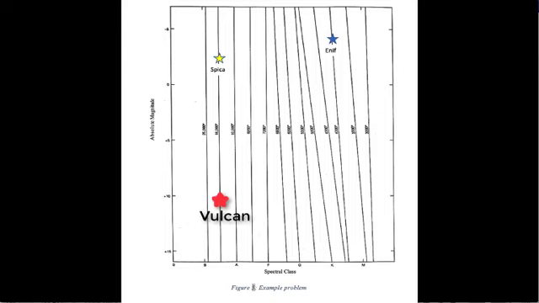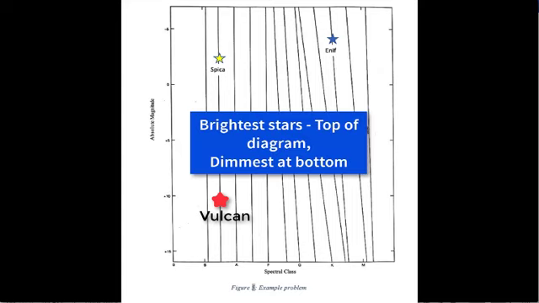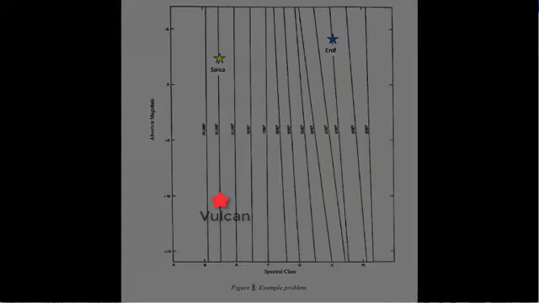We can put Vulcan near the bottom of the diagram, directly below Spica, and compare. If we read the magnitude off of the axis, we see that Spica and Vulcan are very different in brightness. Therefore, we can conclude that the brightest stars are found at the top of the diagram and the dimmest at the bottom. No left-right relationship exists.